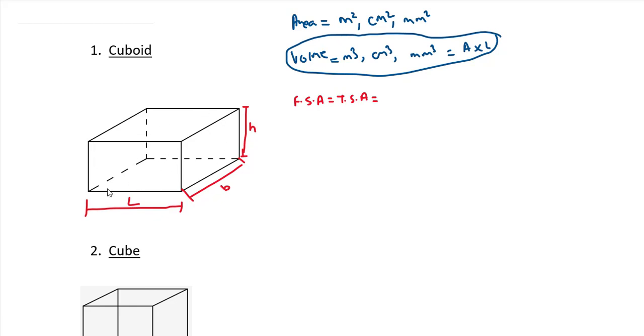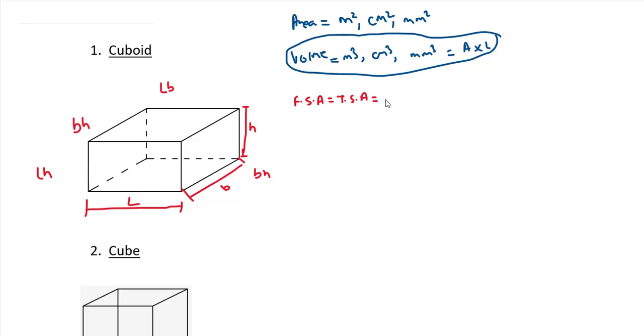So if we consider the front face, its area will be nothing but length into height. So this area will be L into H, and on the back side also the area will be same, L into H. Towards the right, it will be B into H. On the left also it will be B into H. For this top area, it will be B into L or L into B. It will have the similar area at the bottom surface also.